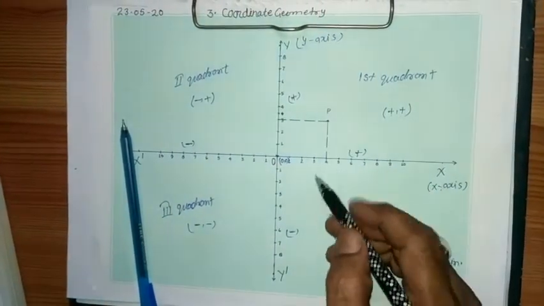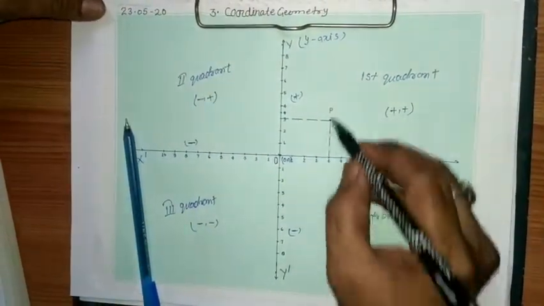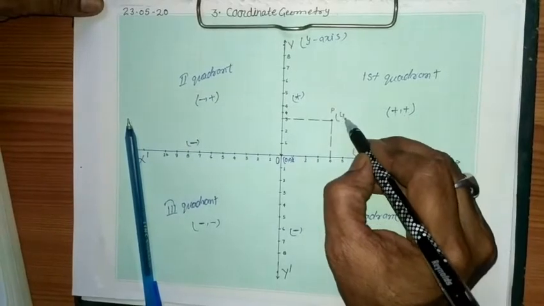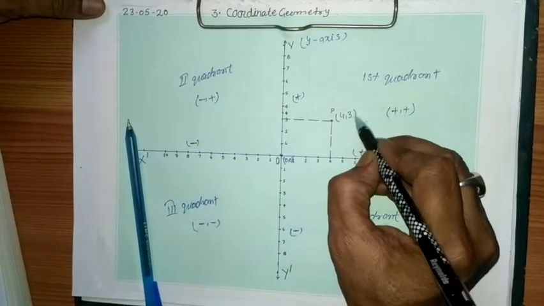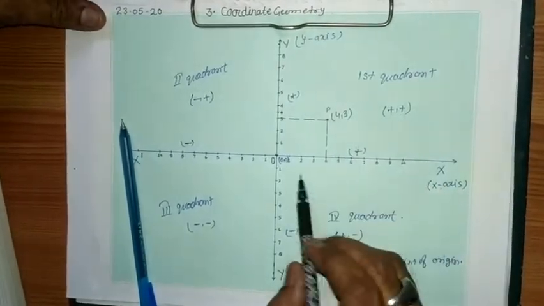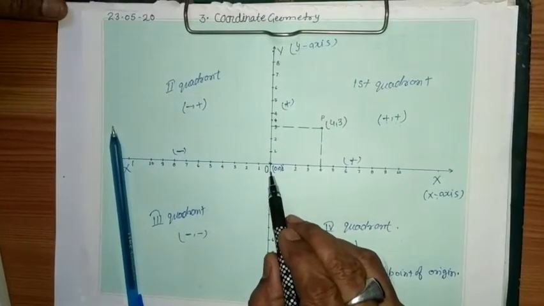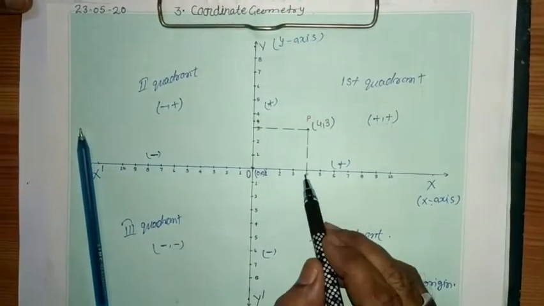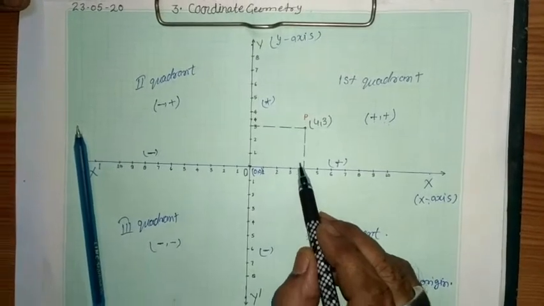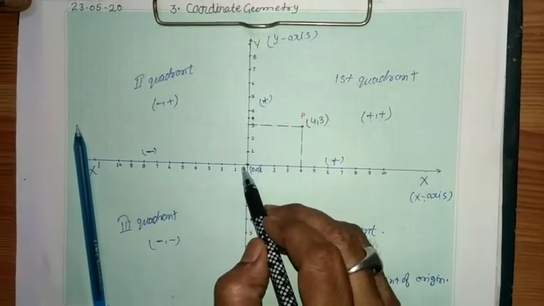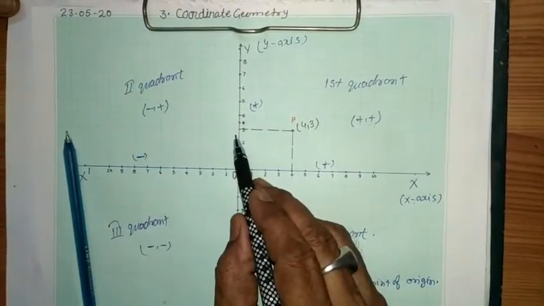So we see that its coordinate is (4, 3), because the unit 4 is on the x-axis and 3 on the y-axis.